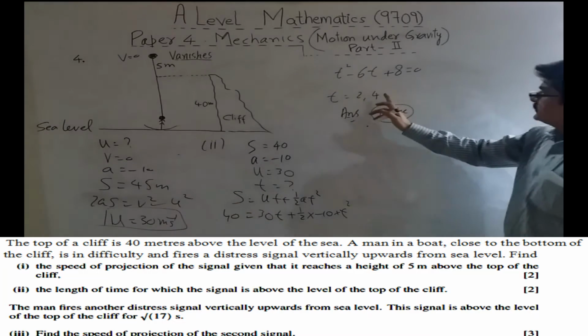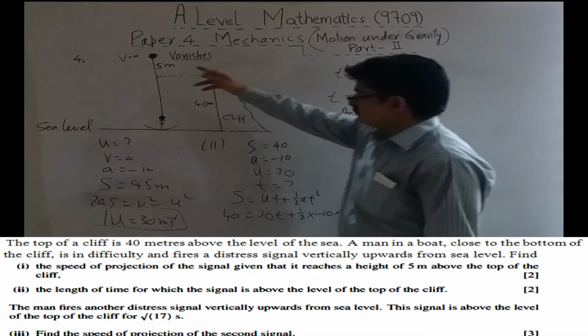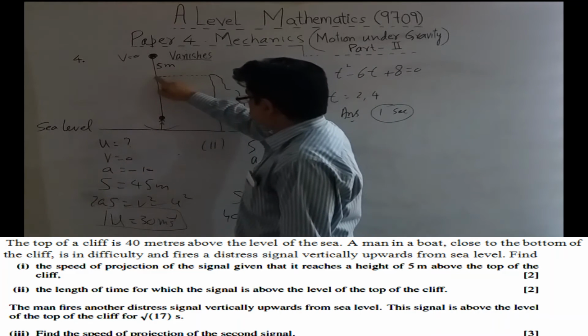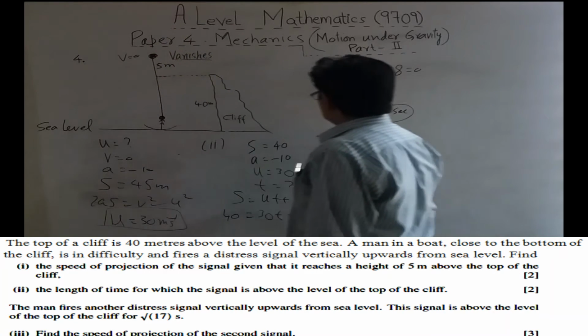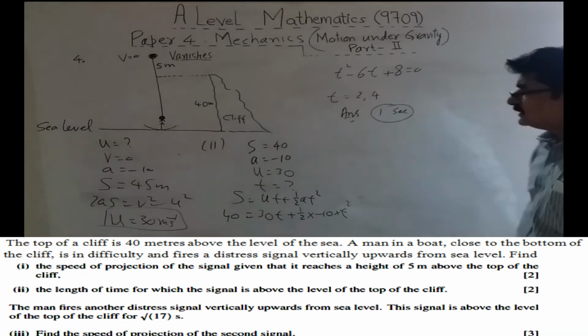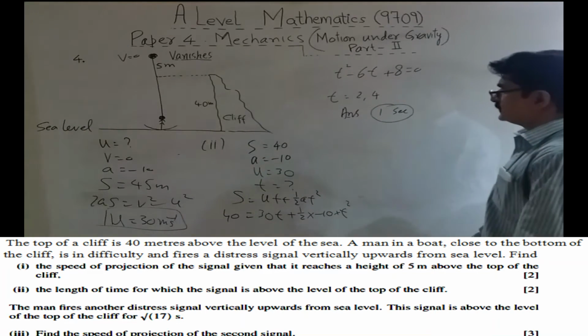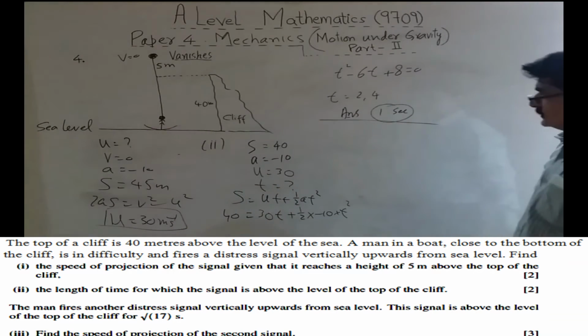You can also think that you subtract, you get 2 seconds. But here, as it vanishes over here, therefore the time will be only from this to this point, not that time which it comes back, which we'll see in many questions when we will be dealing with a particle, some stone, ball, like that. So this is the answer to the second part.